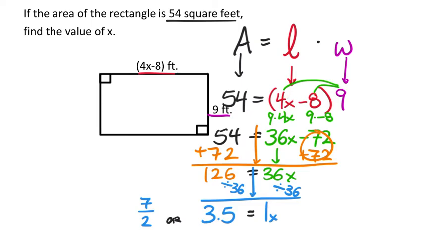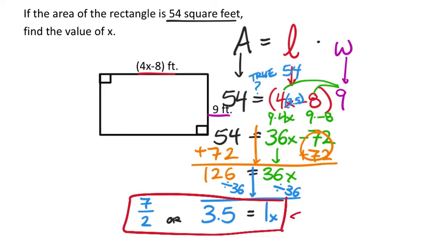But when I do, if I were to replace that x right here with 3.5, question mark, I get a true statement because 4 times 3.5 minus 8 times 9 is actually 54. So since that is true, I can now go into my x here and know that it is actually the solution because it made the equal sign a true statement.